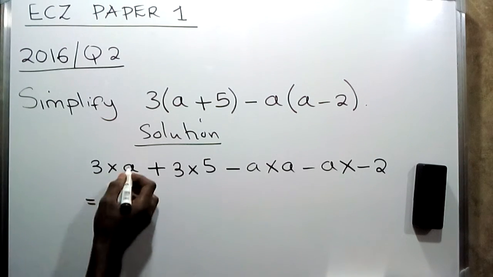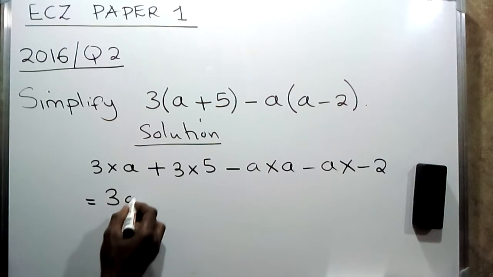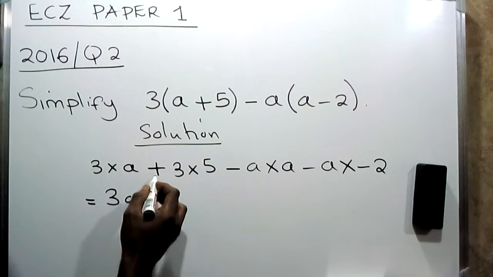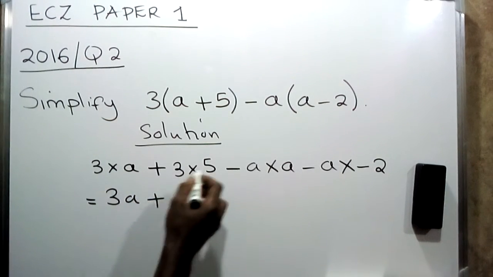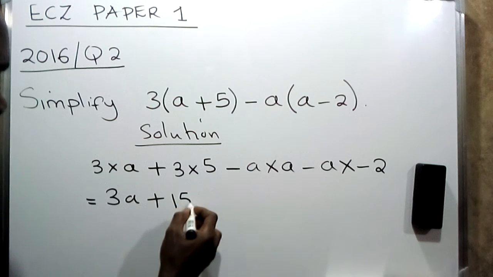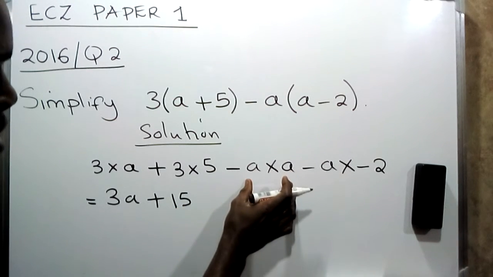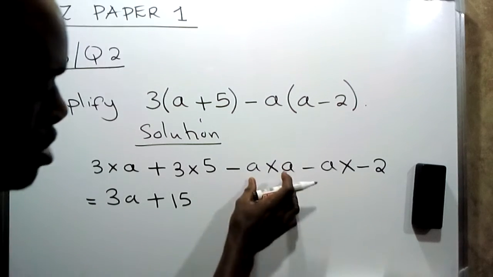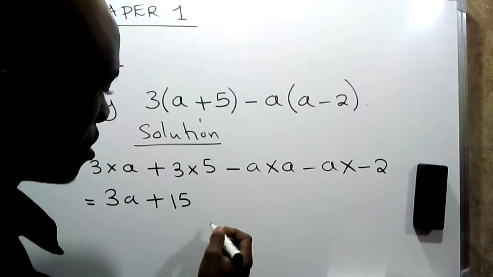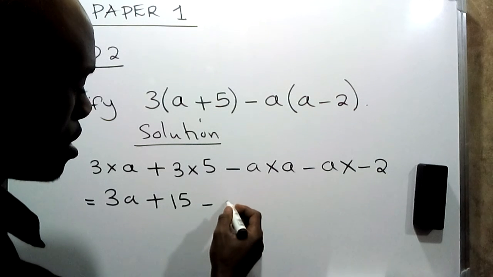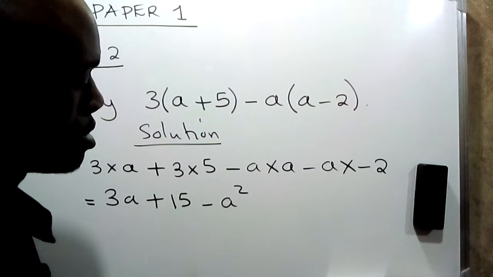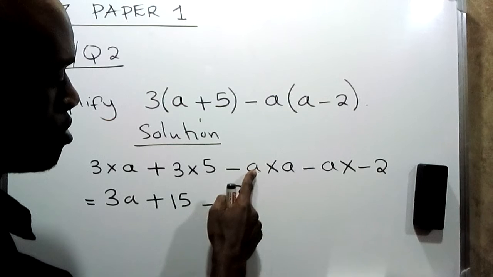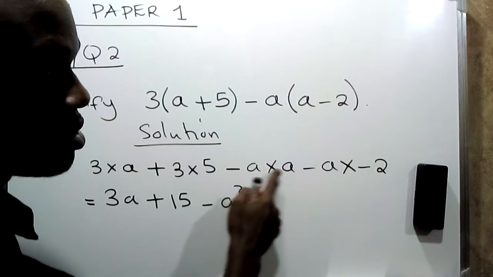So when you multiply 3 times a, you're going to have 3a, okay, plus 3 times 5 is going to be 15. Then we come to this one here, we do the same. We have to multiply these two terms, so it will be negative a times a, which is going to be a squared. Why a squared? We are multiplying these two terms.